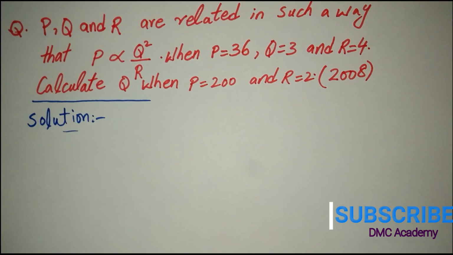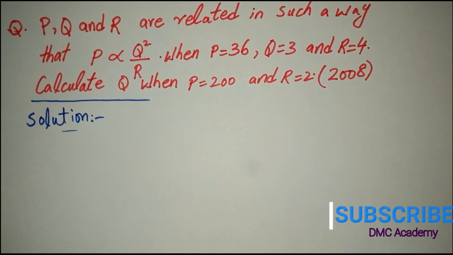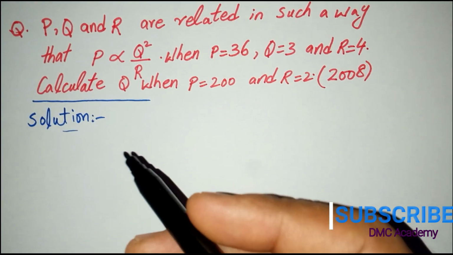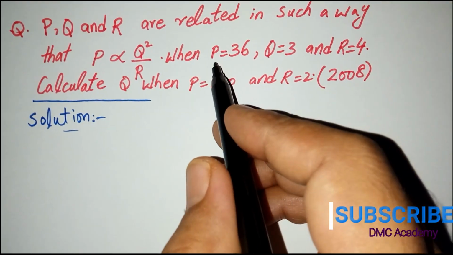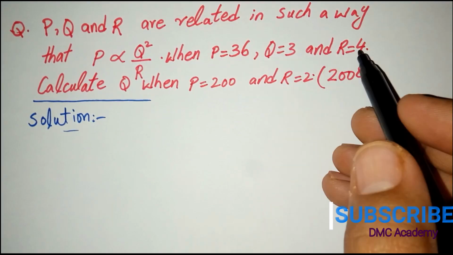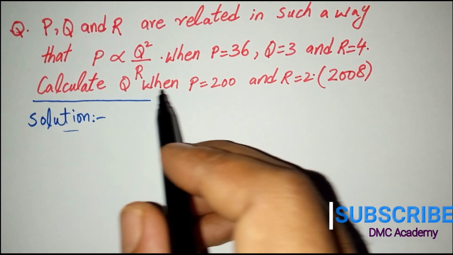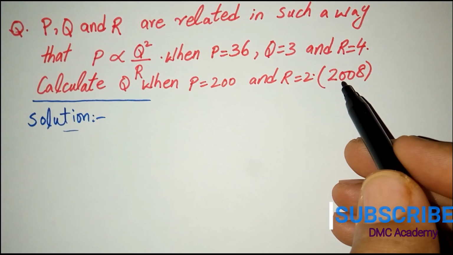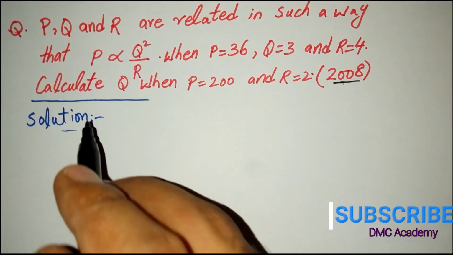So let us see some examples of joint variations. The question is: P, Q and R are related in such a way that P varies directly as the square of Q and varies inversely to R. When P is 36, Q is 3, R is 4, calculate Q when P is 200 and R is equal to 2. This question is from past paper 2008.